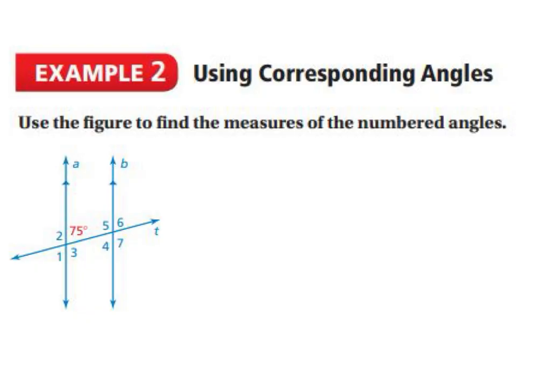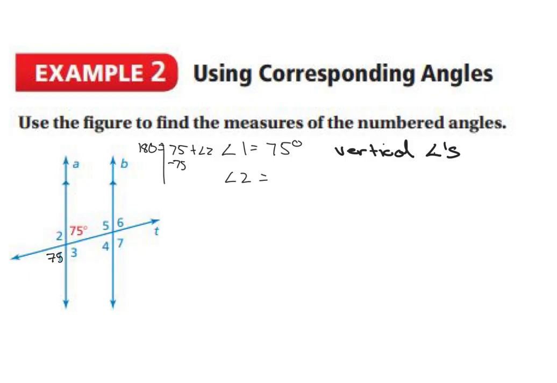So right away, I know that angle 1 is 75 degrees. That's because of vertical angles. So I'll mark that as 75. Then angle 2, that's going to be 180 equals 75 plus angle 2.